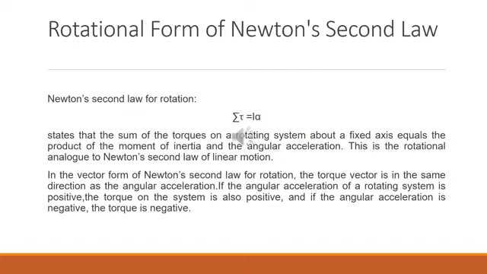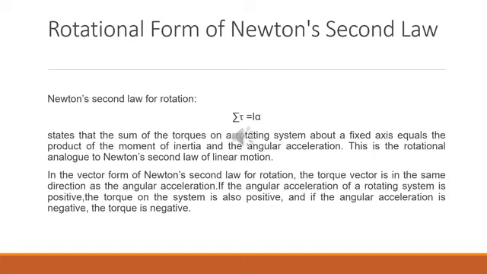Newton's second law of rotation states that the sum of the torques on a rotating system about a fixed axis is equal to the product of the moment of inertia and the angular acceleration. This is the rotational analogue of Newton's second law of linear motion.